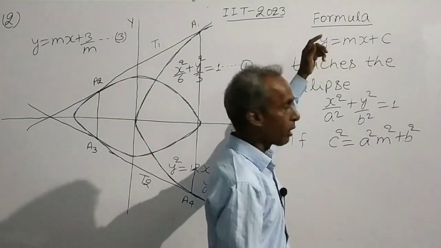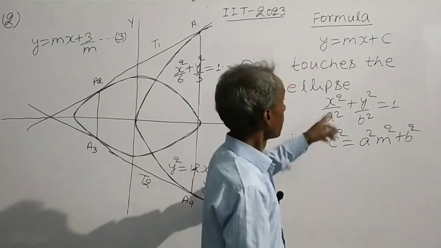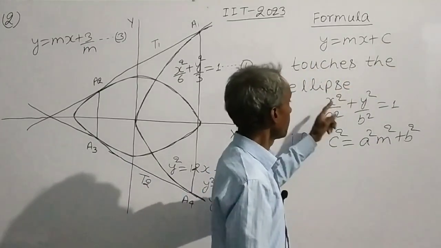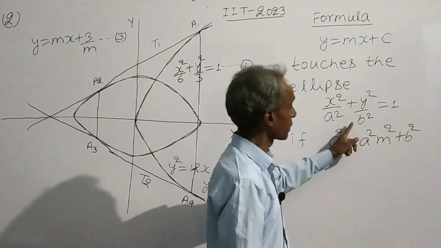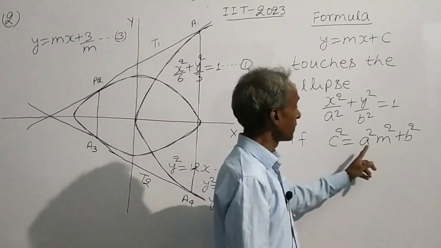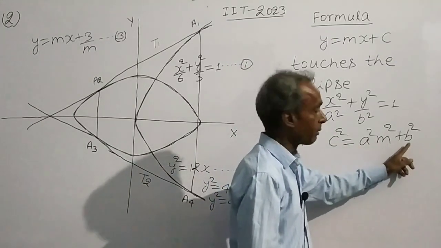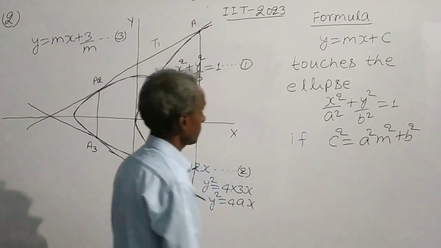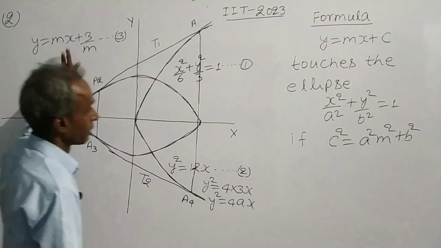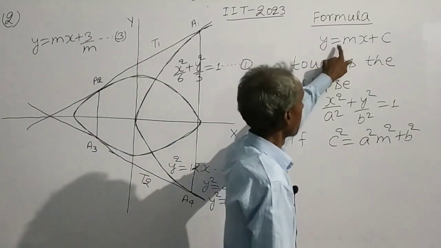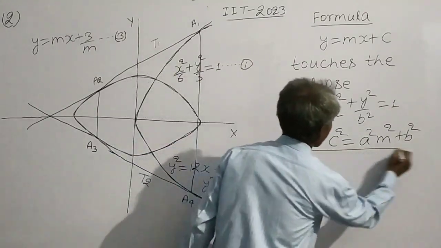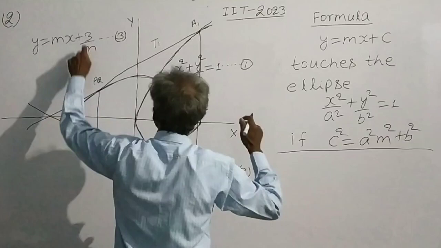Now this is a formula from the ellipse chapter. A straight line y is equal to mx plus c touches the ellipse x square by a square plus y square by b square is equal to 1 if c square is equal to a square m square plus b square. Comparing these equations with y is equal to mx plus c, we see that c is equal to 3 by m.